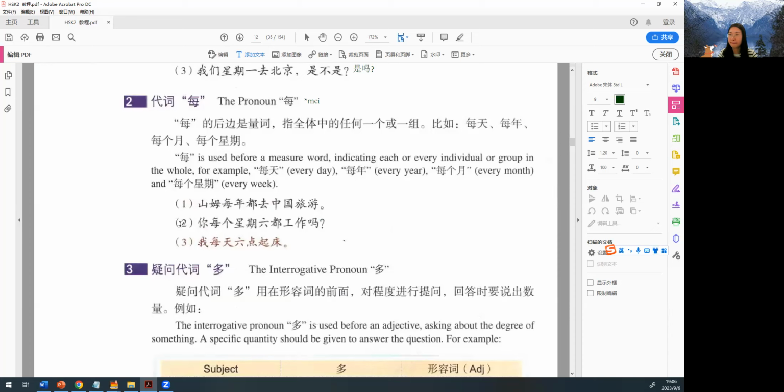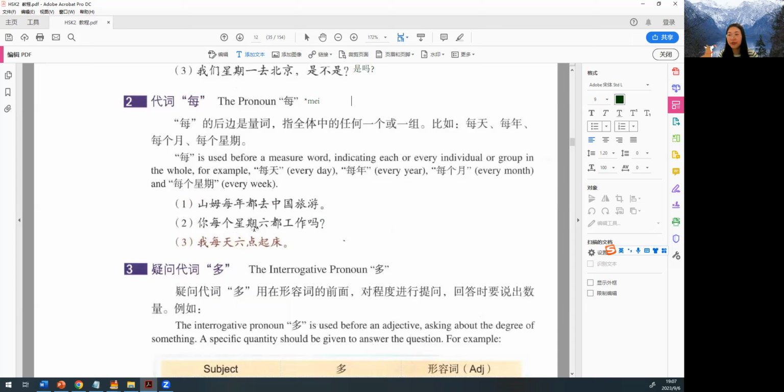The second question is 你每个星期六都工作吗? Oh, that's a good question. So the meaning, we know that it's asking us. So 你 you, 每个星期六. We know that 每 is every. 星期六 is Saturday.